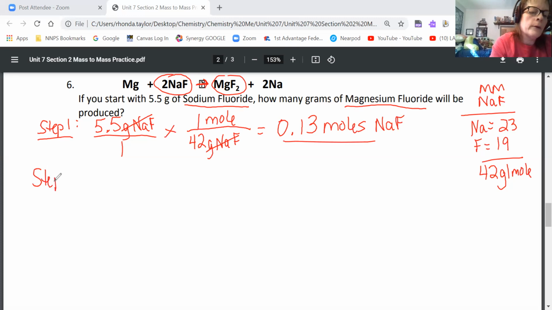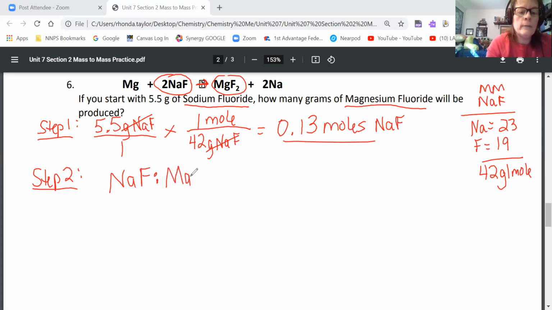Now we got to do our molar ratios. All right, so we know we're dealing with sodium fluoride, and we are also dealing with magnesium fluoride. All right, in the equation, you'll see that there's 2 sodium fluorides to every 1 magnesium fluoride. And we know that we have 0.13 moles that we're actually working with.